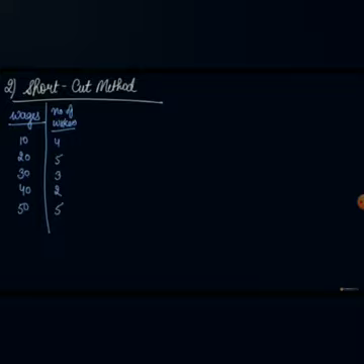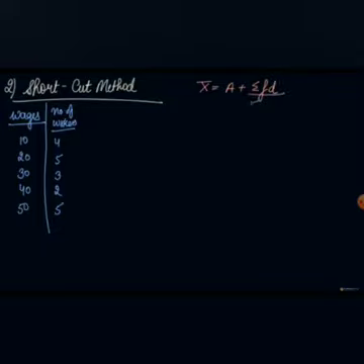In the individual series we have studied that the shortcut method means the method using assumed mean. So here x bar will be equal to assumed mean plus summation frequency into deviation divided by summation f.